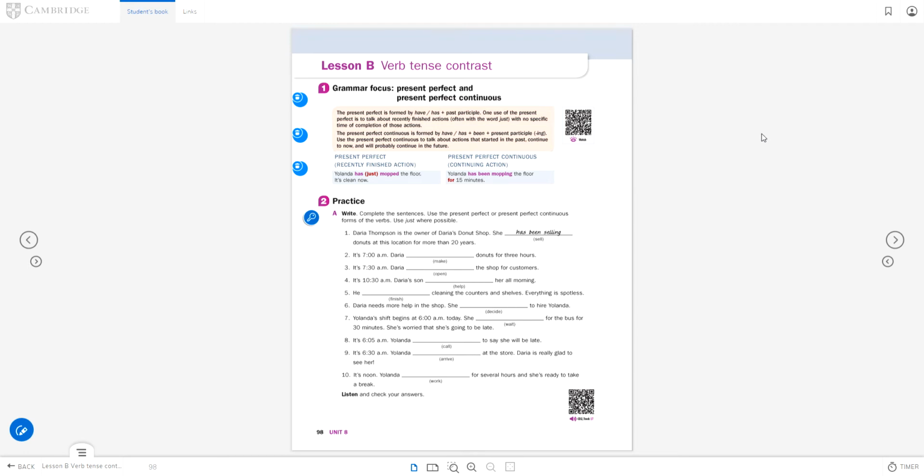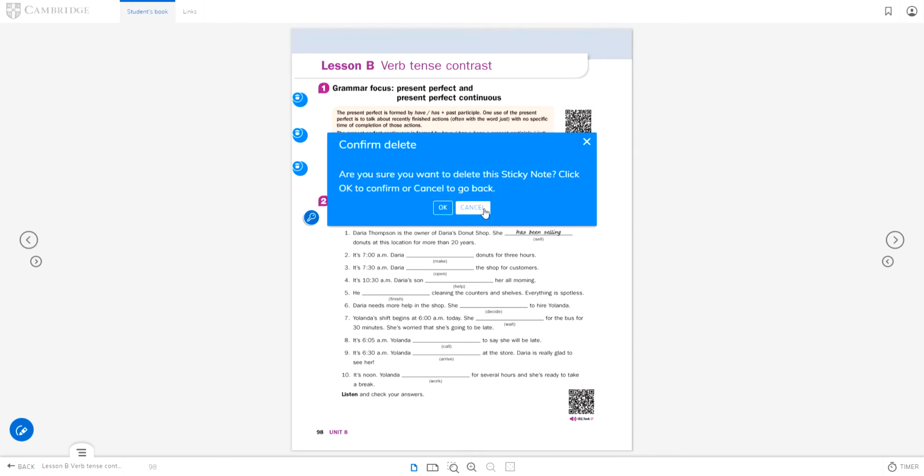Okay, so I hope you refreshed your memory in regards to present perfect and present perfect continuous. So, few things you have to remember. Because it's a perfect tense, what you have is the verb to have as a helper verb, right?